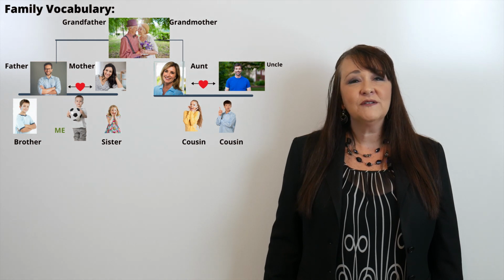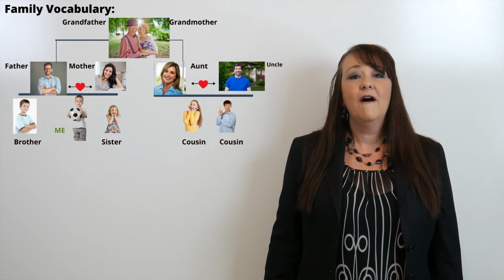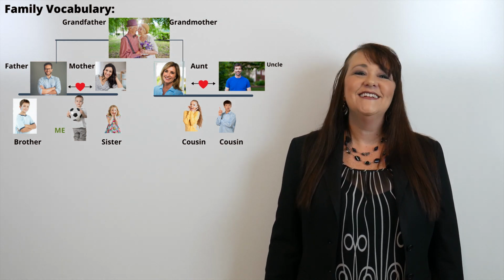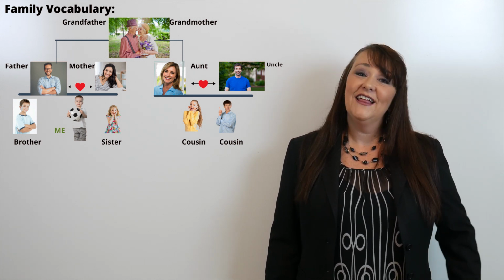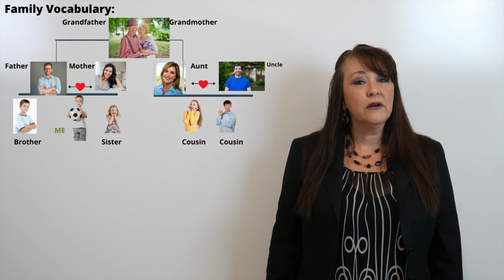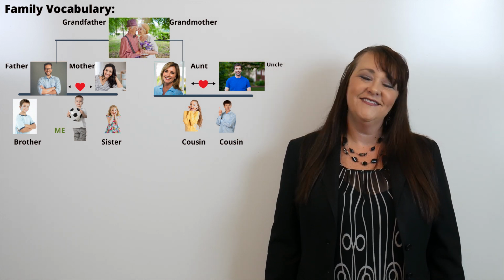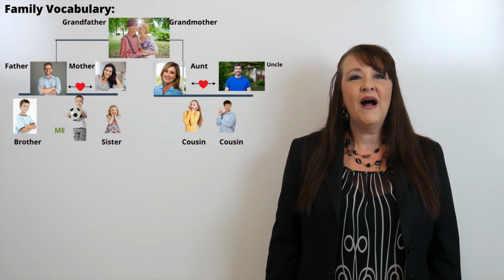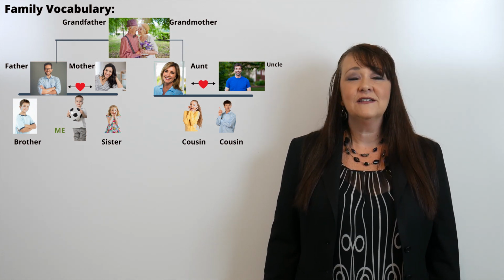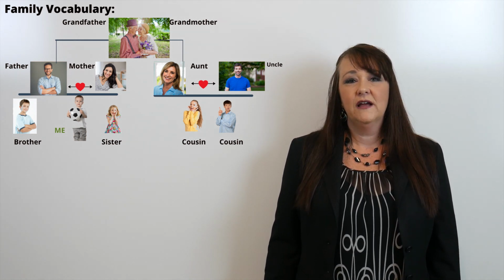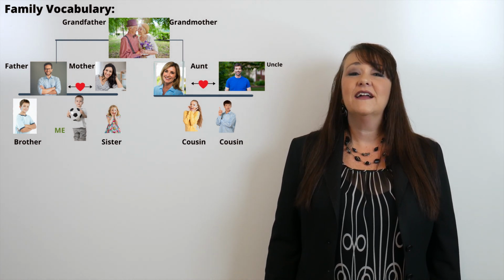Now you also see the word father. You say it, father. Then we have the word mother. You say it, mother. Below this, you see the word cousin. You say it, cousin.